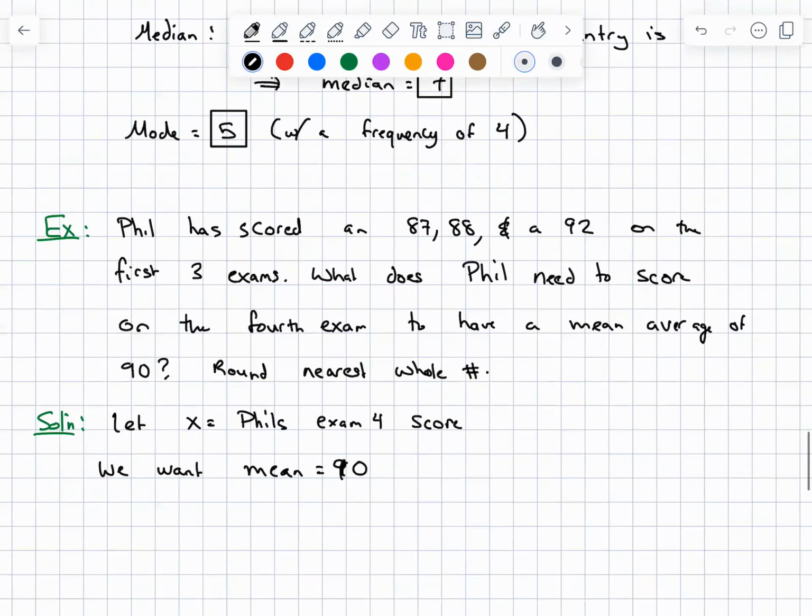So we take all the 4 exam scores, 87 plus 88 plus 92 plus x, and divide that by 4, and that has to equal 90. Make sure you understand where that equation arose from.